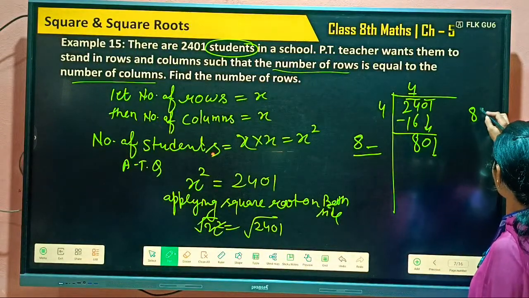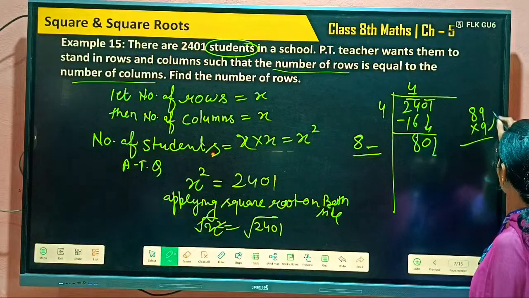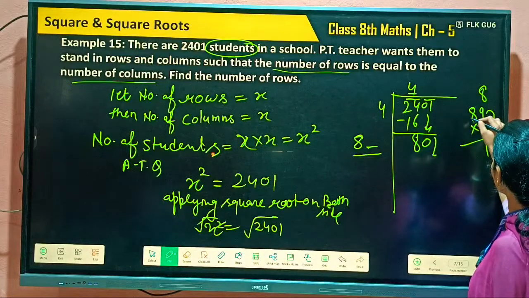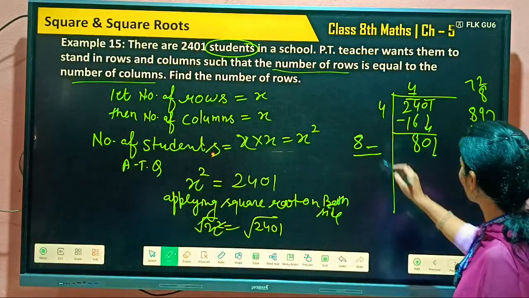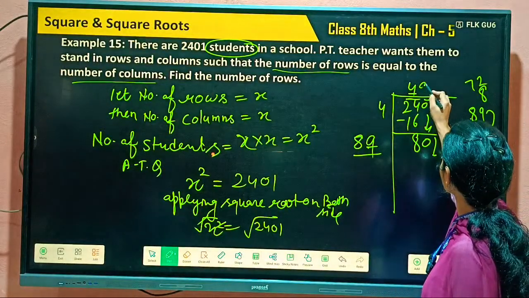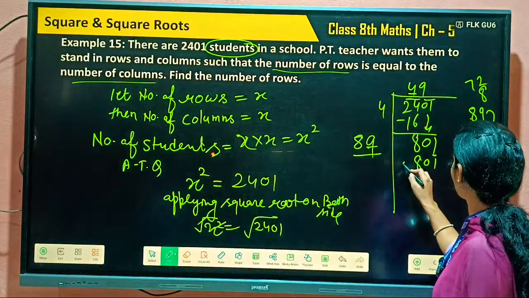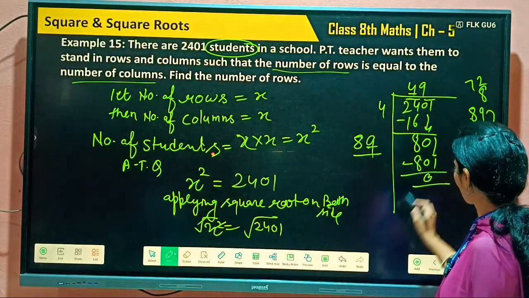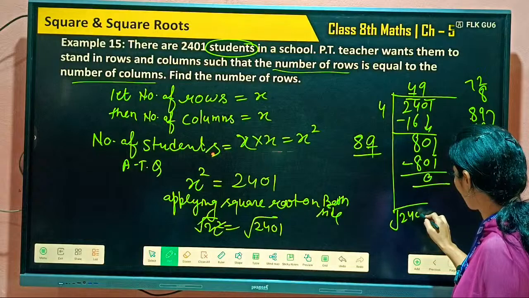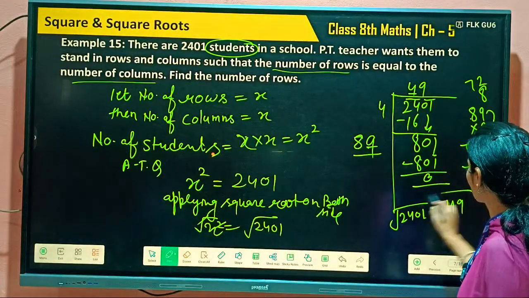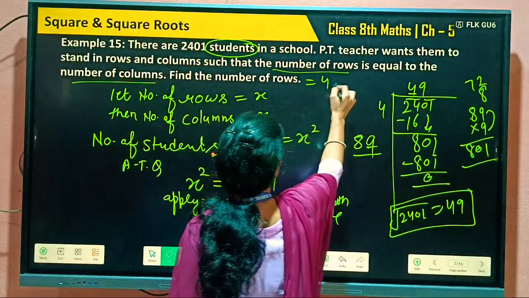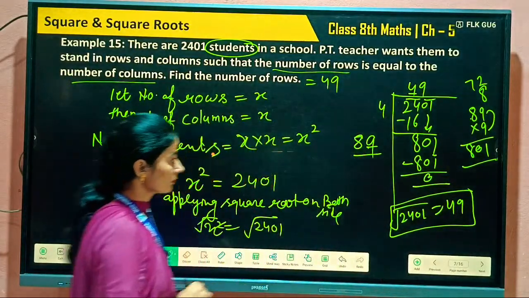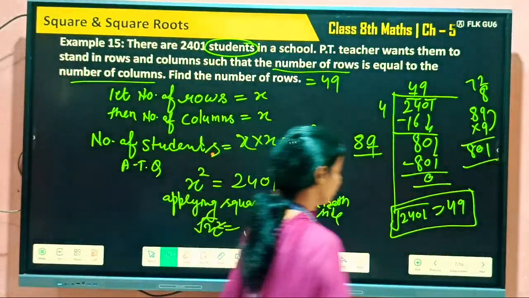Let us consider 9. 9 nines are 81, 9 eights are 72, and 8 is 80. So that digit is 9. 9 into 89 is 801. So the square root of 2401 is 49. So there are 49 rows.